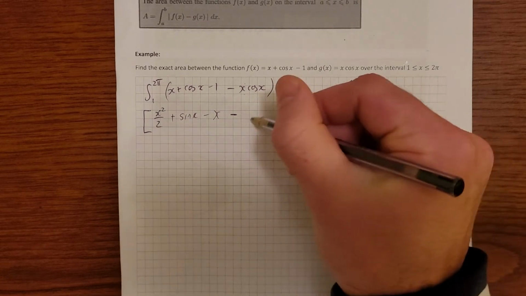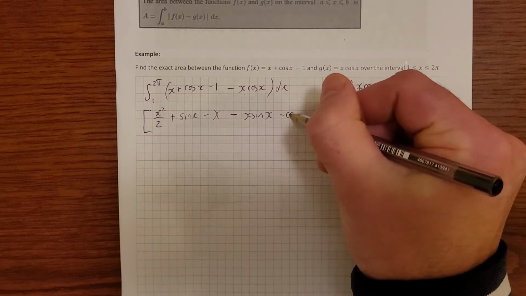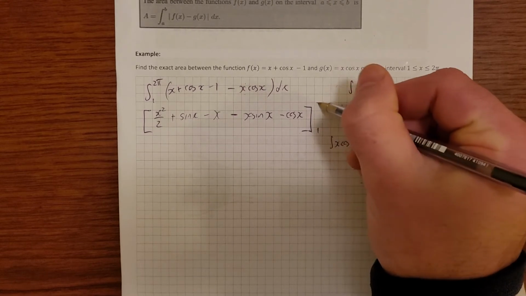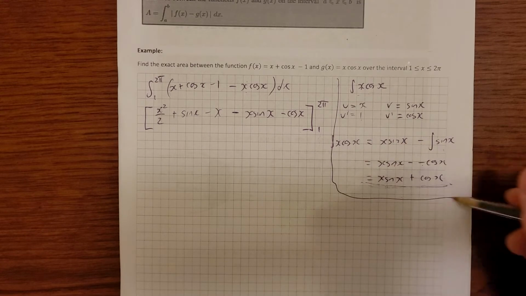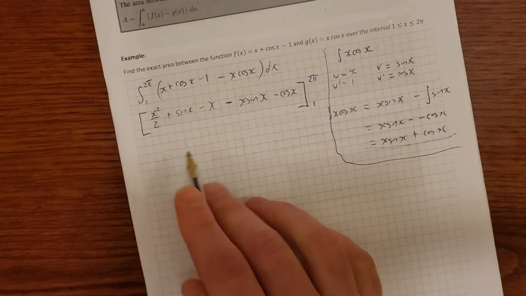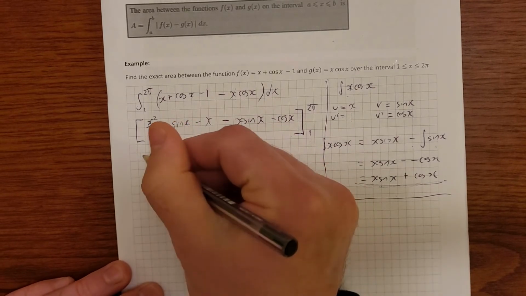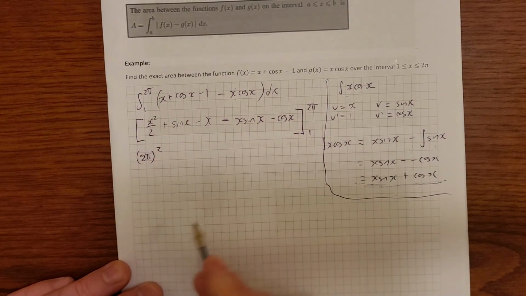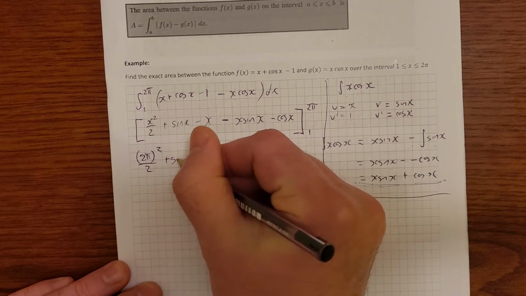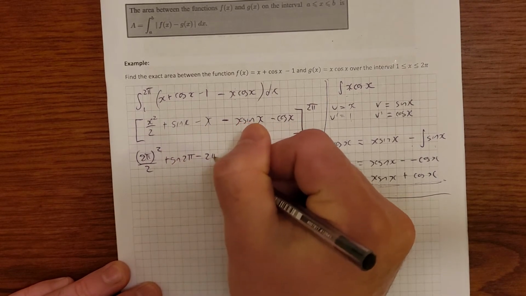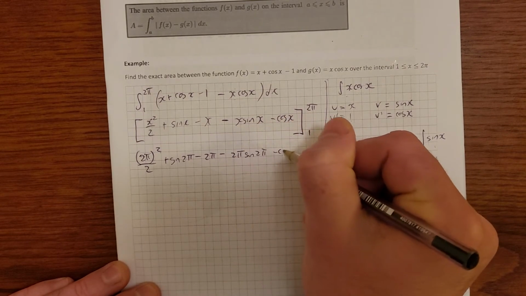So I'm going to sub that in. We've got x sine x here, and the negative distributes, so we have take cos x as well, from 1 to 2 pi. It's quite long, so I'm going to fence that off from the rest of it and apply the fundamental theorem of calculus. We have 2 pi squared, and don't forget the squared applies to both, on 2, plus sine of 2 pi, take 2 pi sine 2 pi, and then take cos 2 pi.